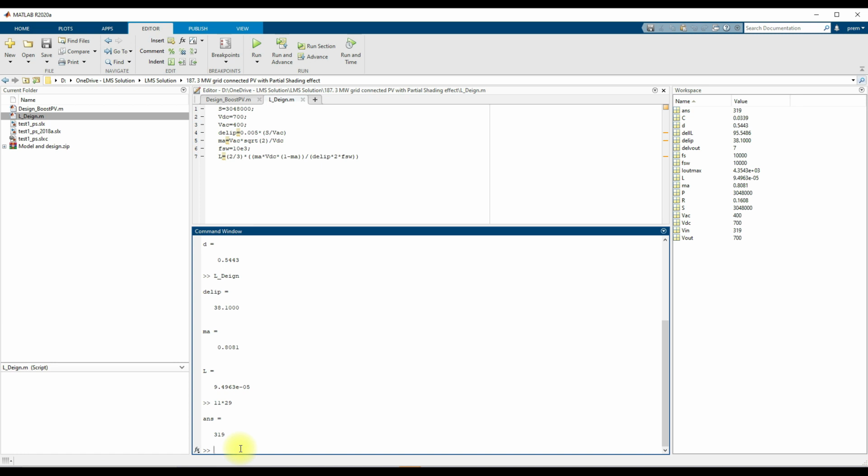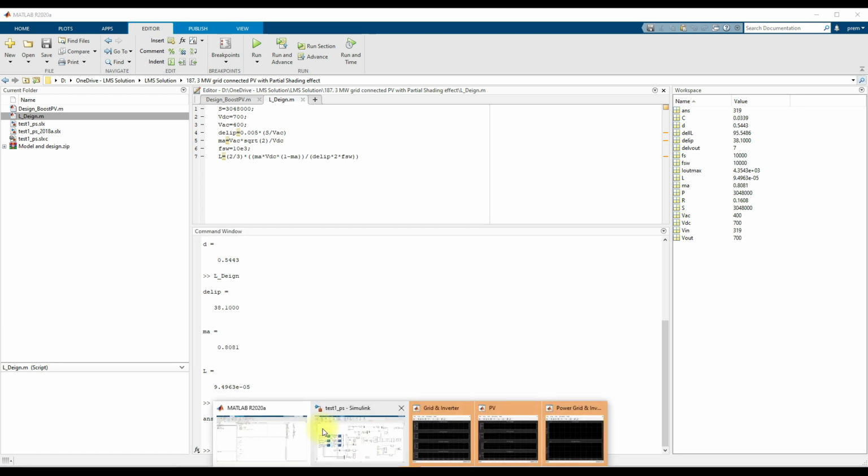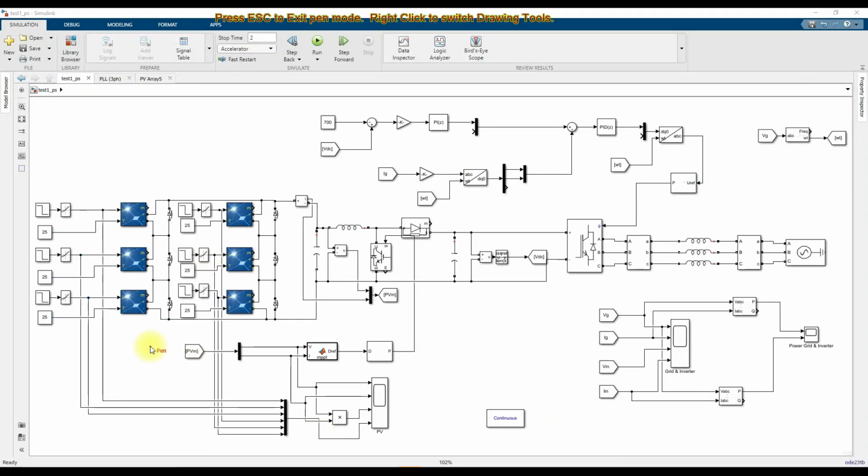So the voltage will be 319 volt at the standard test condition, 1000 watts per meter square and 25 degrees Celsius, when we are applying MPPT at the PV terminal.